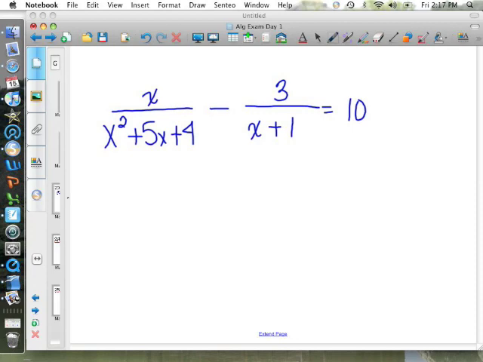So, we're going to go about the same thing that we did in finding a common denominator for the last one. We have to start with factoring. This trinomial can be factored. x plus 4 times x plus 1.